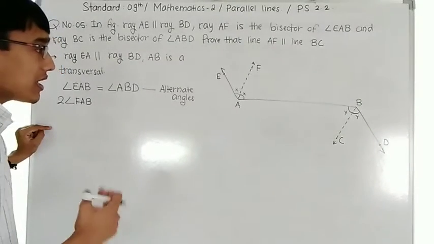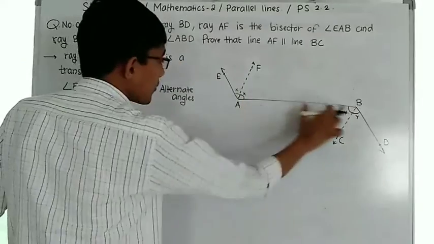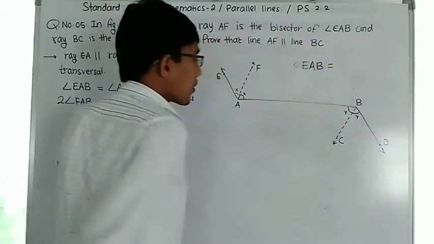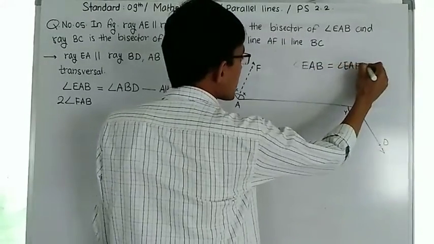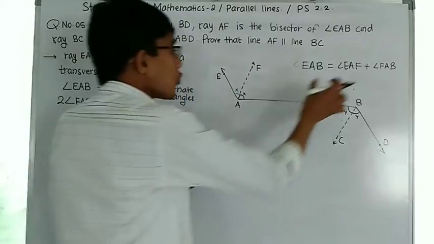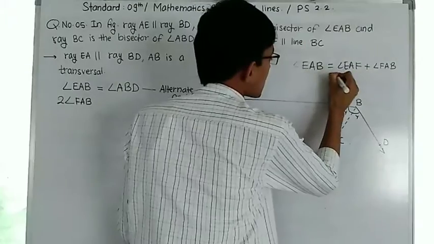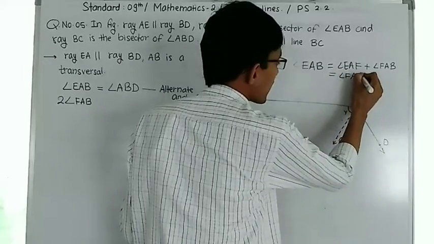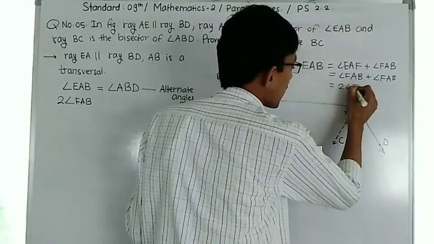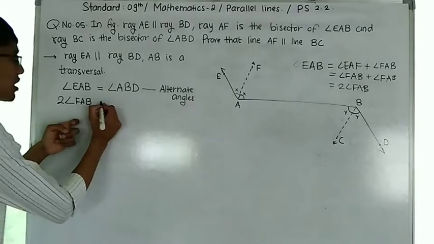So angle EAB is nothing but 2 angle FAB. यहाँ पे ध्यान दो, एंगल EAB हमारा एंगल EAF प्लस एंगल FAB है. लेकिन दोनों एंगल EAF और FAB इक्वल है, क्योंकि AF ने उसे बाइसेक्ट किया है. इसका मतलब मैं एंगल EAF की जगह एंगल FAB लिख सकता हूँ. तो एंगल FAB प्लस एंगल FAB 2 एंगल FAB हो जाएगा. सो हम एंगल EAB को 2 एंगल FAB लिख सकते हैं.